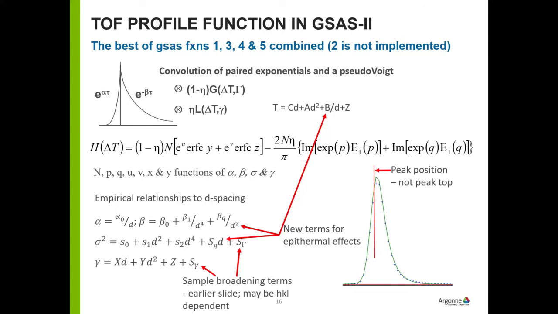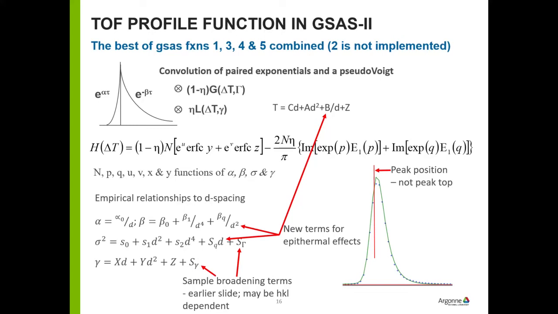And these little terms, n, p, q, and so forth, are all functions of the underlying profile coefficients that are associated with the time of flight. The alpha describes the rise on the exponential. The beta describes the decay on the exponential. Sigma is for the Gaussian. Gamma is for the Lorentzian. And so all these terms show up in the expression.